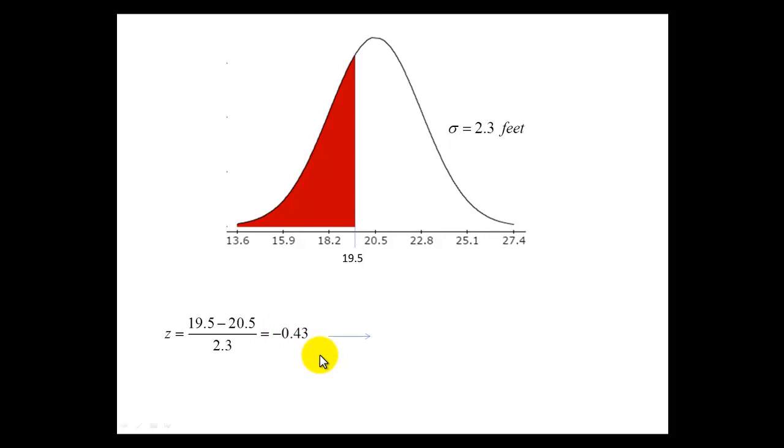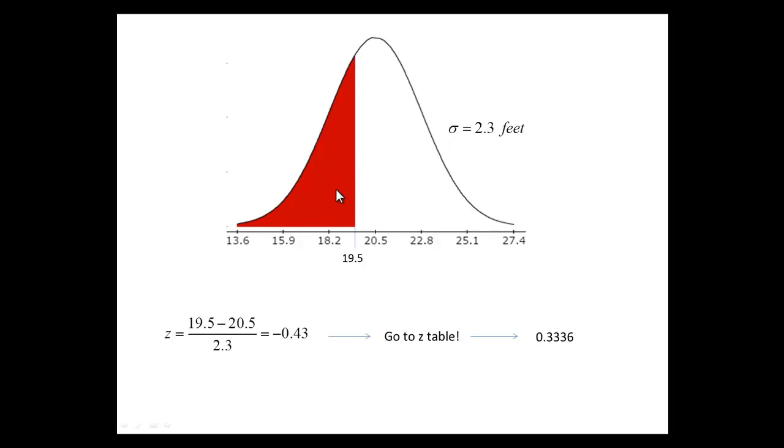The next natural step is to go to your z-table or possibly software and try to figure out what corresponds to a z-score of negative 0.43. Once you look it up, you'll discover that the solution is 0.3336. That is the area of the red region in our diagram.